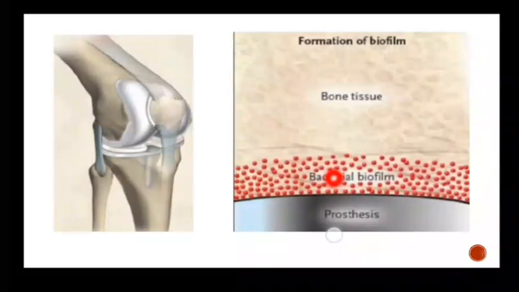In the biofilm, microbes are protected from antimicrobial agents, and these biofilms are mostly formed by Staphylococcus, and sometimes also by Pseudomonas. The only antibiotic which can enter into this biofilm is rifampin.